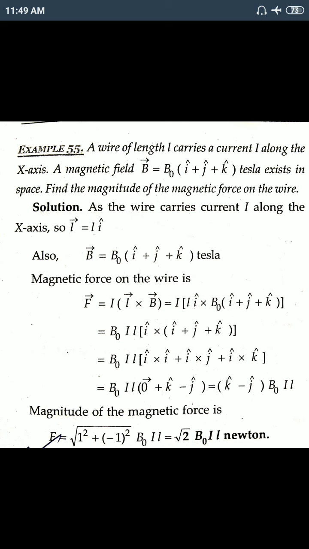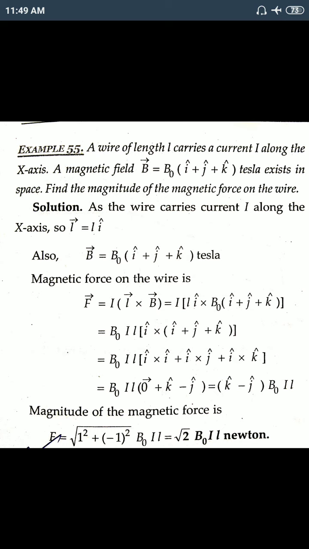In this numerical, the magnetic field expression is given, and it is mentioned that a wire of length L carries a current I along the x-axis. So current will flow along the x-axis. A magnetic field exists in the space, and that expression is also given.